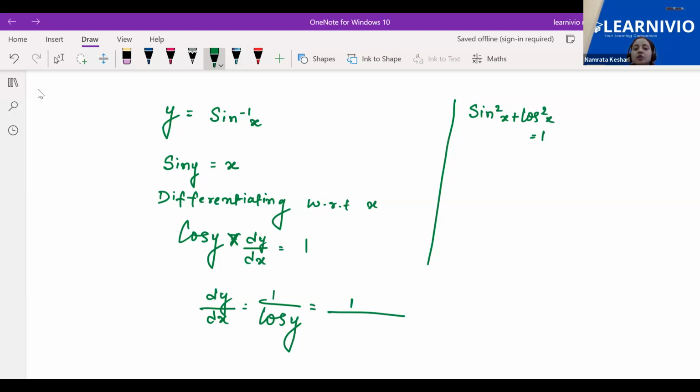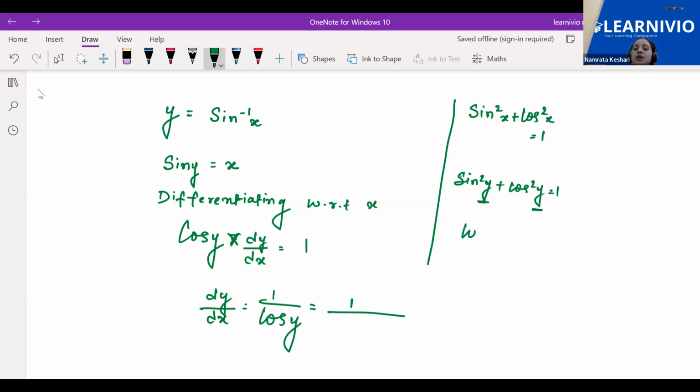Suppose the same formula we are writing like this: sine square y plus cos square y. This formula is applicable for any angle, just the angle has to be exactly the same. Okay, so this is what we are having.